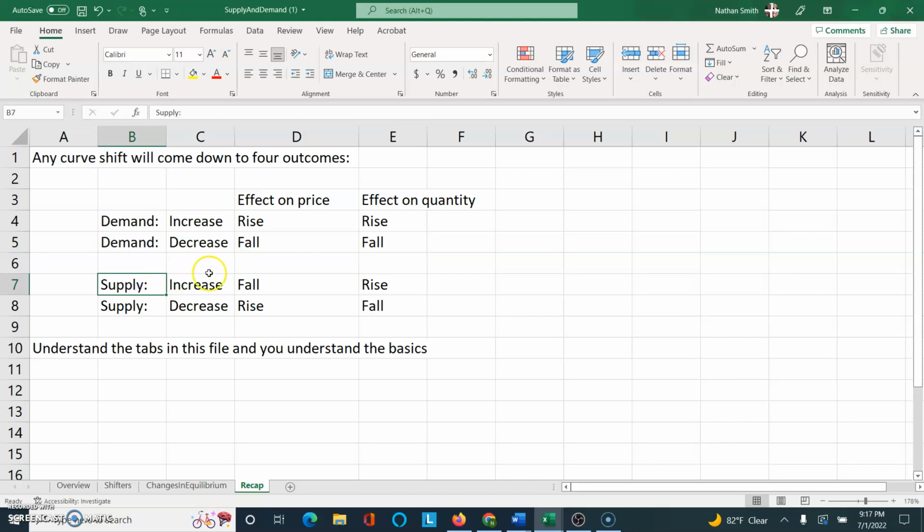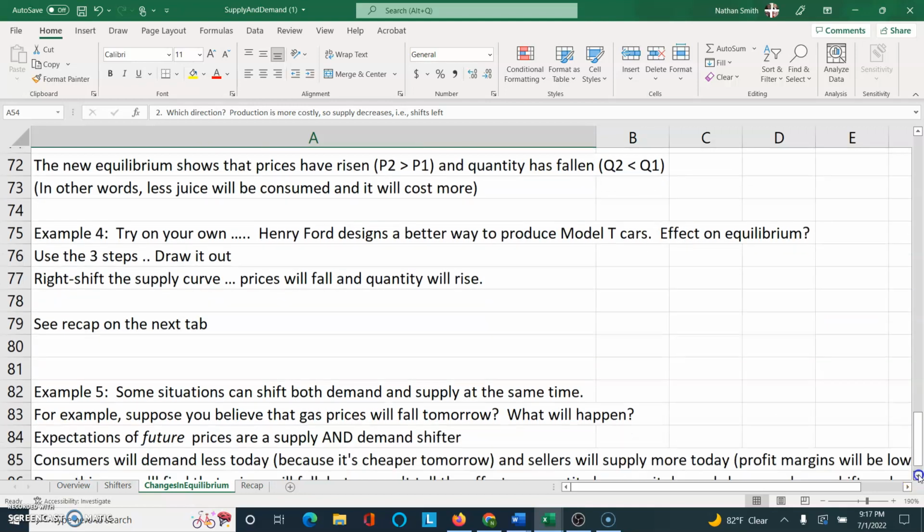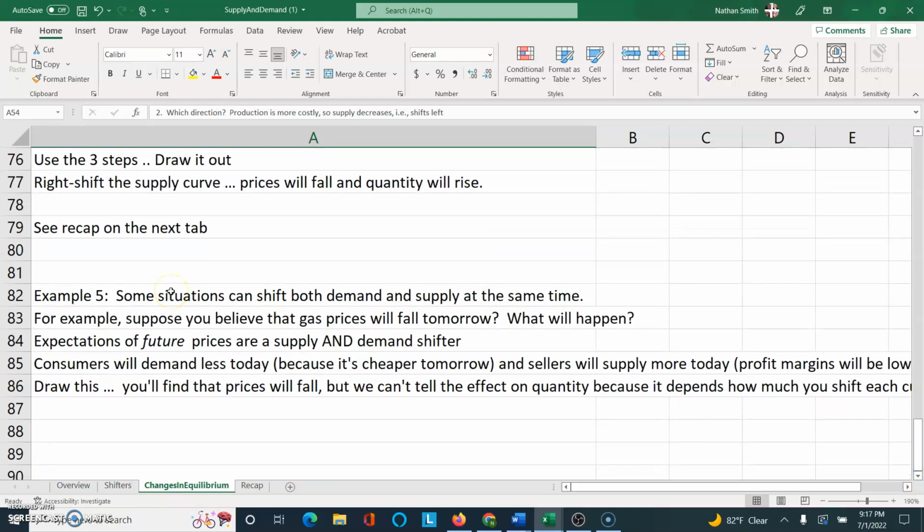For supply, if supply increases, that's a right shift. That'll cause price to fall and quantity to rise. And if supply decreases, that'll cause prices to rise and quantity to fall. The only other situation that you might ever have to analyze in the real world is that sometimes both supply and demand can shift at the same time.